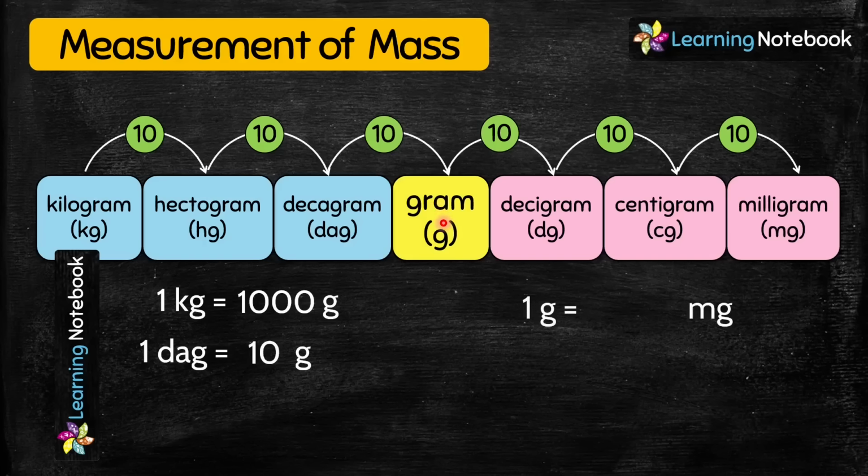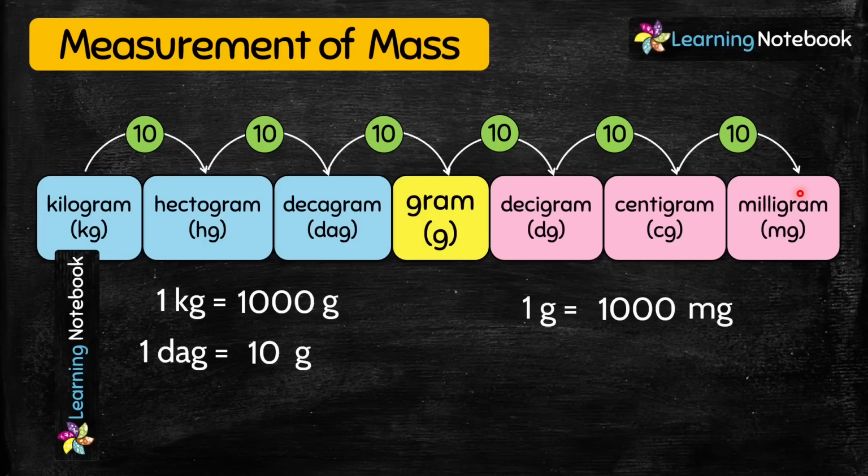Next, let's find out 1 gram equals how many milligrams. So how many times do we need to jump here? 1, 2, 3. 3 times. So it means 1 gram equals 1000 milligrams.